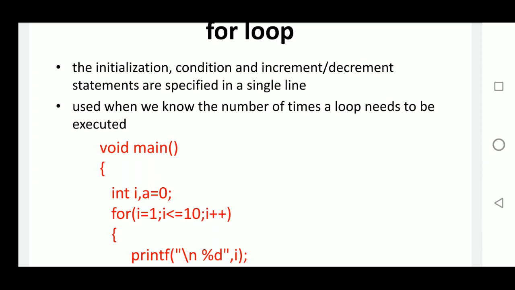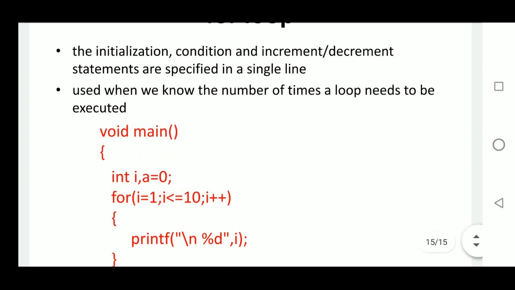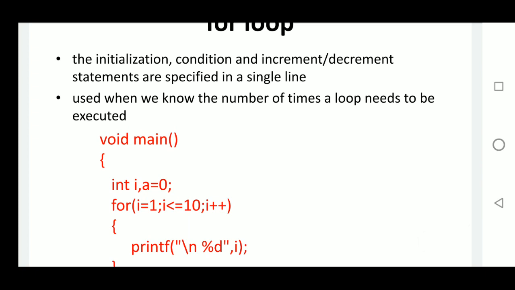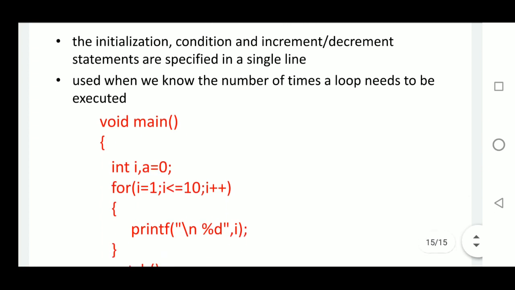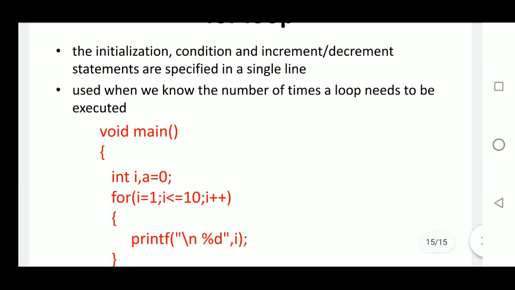Next is for loop. The initialization, condition and increment or decrement statements are specified in a single line. Unlike in while loop and do while loop, where the statements are not combined in the same part, in for loop all three important statements are combined in one place: initialization, condition and increment or decrement.